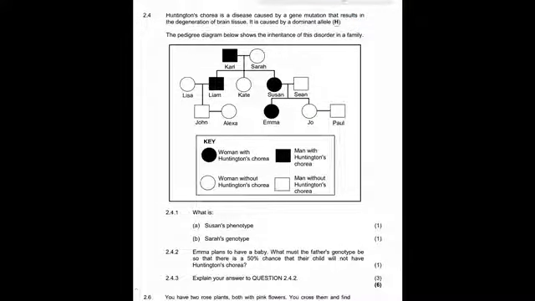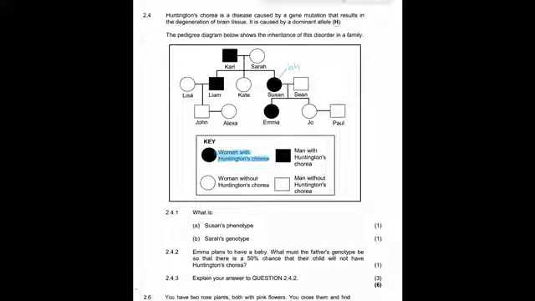What is Susan's phenotype? Because Susan's circle is fully colored in, this means that she is a woman with Huntington's chorea. What is Sarah's genotype? As we've seen in a previous example, Susan is little h, little h.